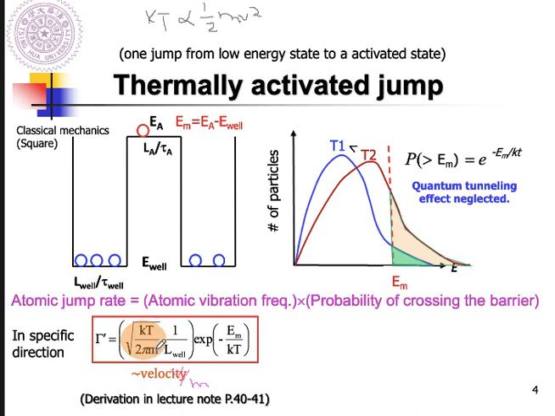And the reason we have 2 pi is that when you derive this vibration frequency, it involves the angular momentum, so you have a 2 pi here. For the detailed derivation, you can check the lecture notes from page 40 to 41. But based on this idea, it is easy to remember the frequency part.